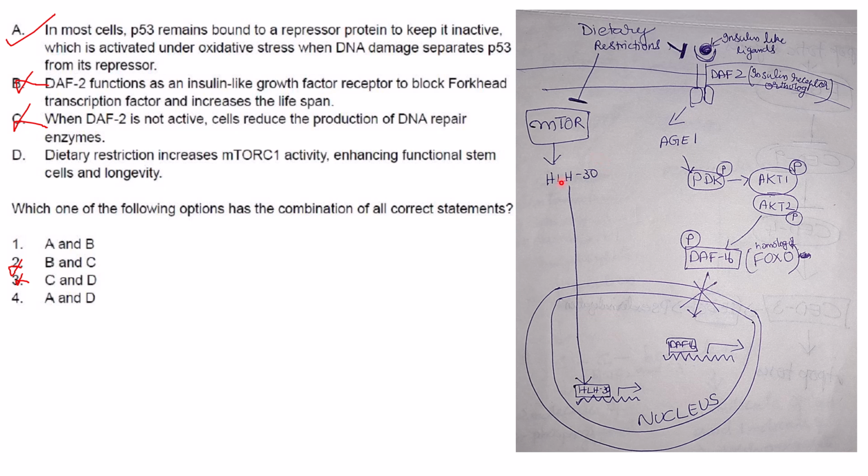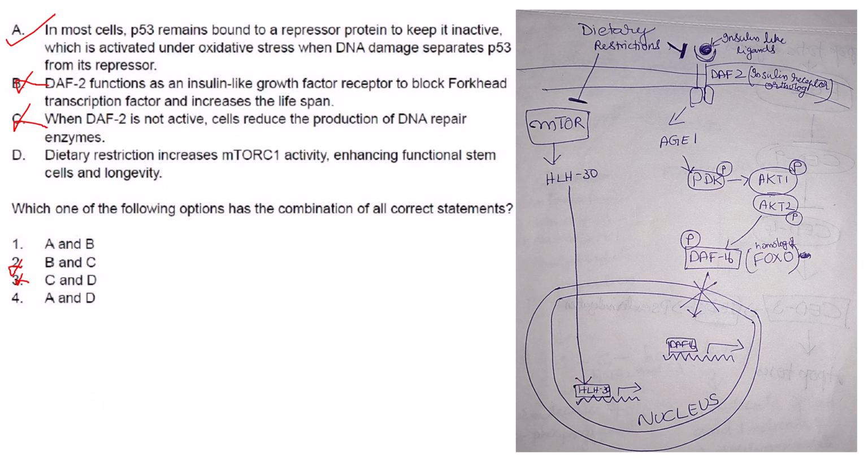So HLH30 will not be able to enter into the nucleus and it will not result in expression of the genes involved in the autophagic process and increasing longevity. Now when the nutrient levels are low, that is dietary restrictions, mTOR is inhibited, HLH30 can enter the nucleus and activate the transcription of genes essential for autophagy.